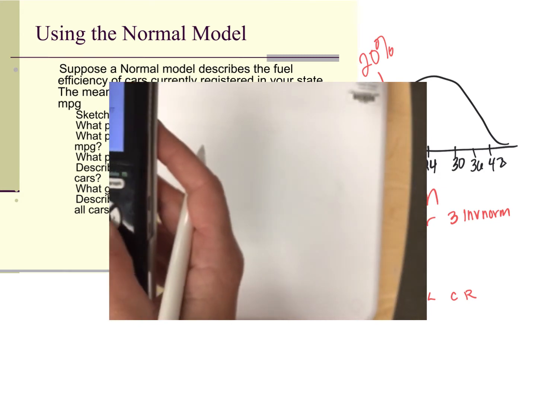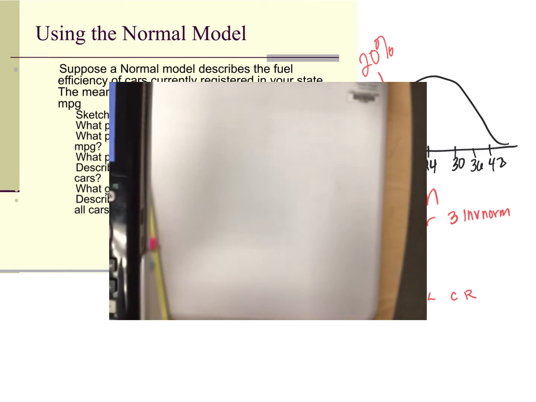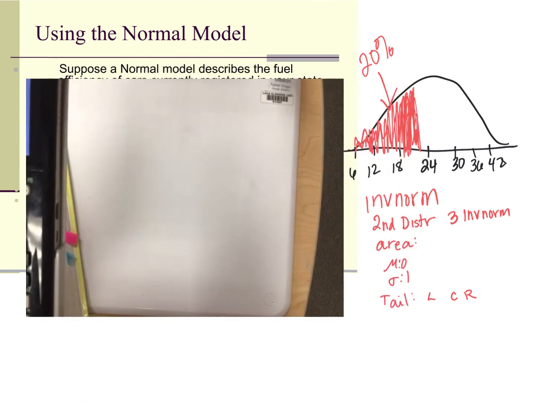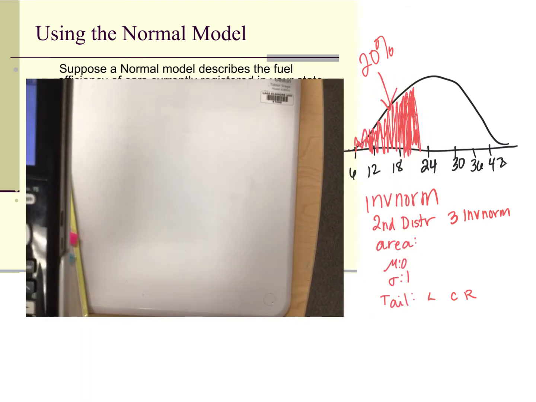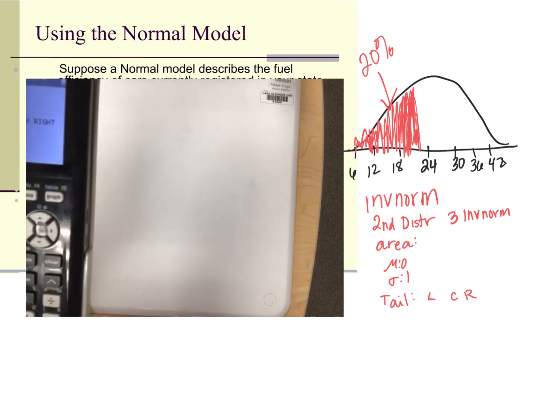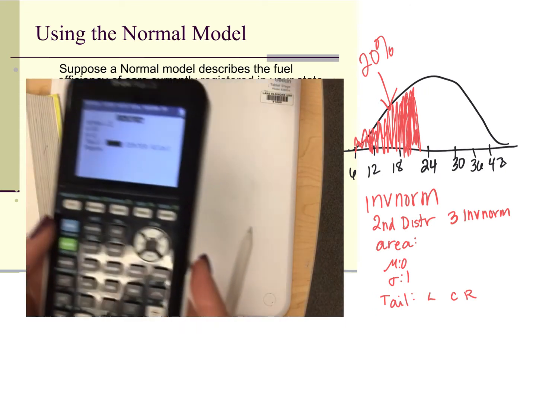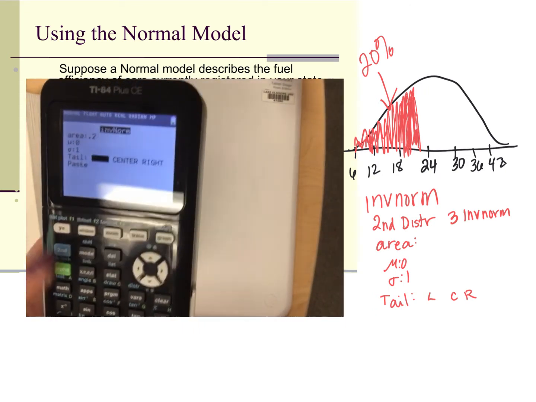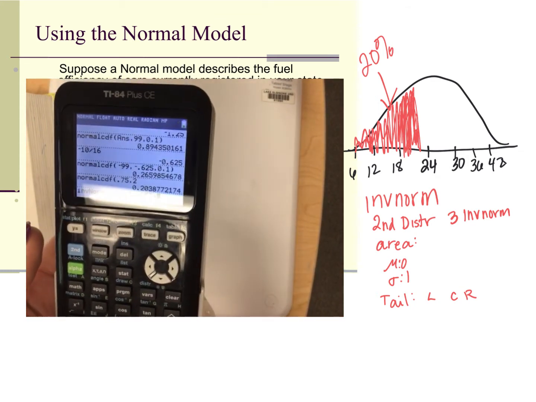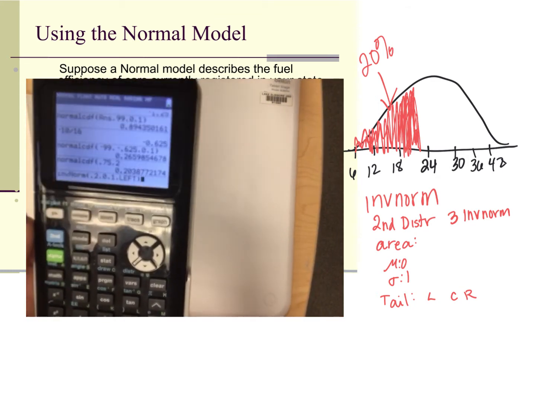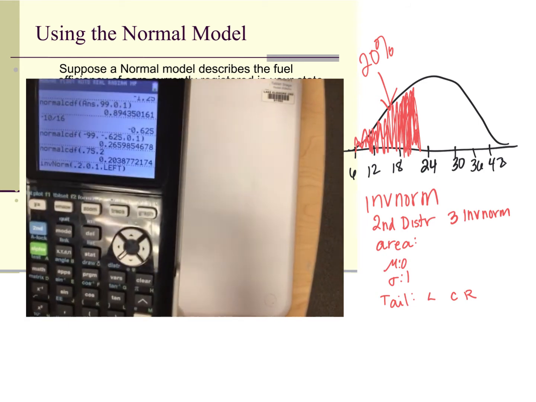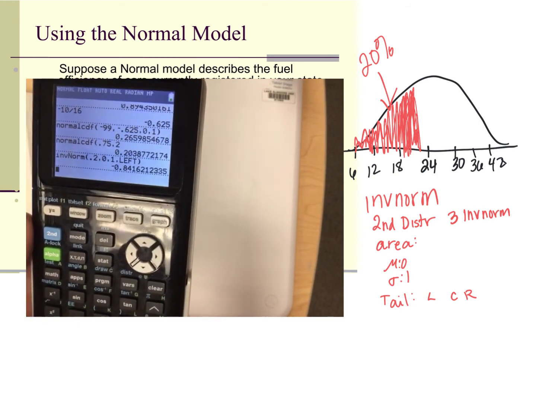I'm going to leave these the same, and my picture showed the lower boundary, right? The left side of the normal model. And so I'm going to select left. And then I'm going to hit paste. And then I'm going to hit enter.